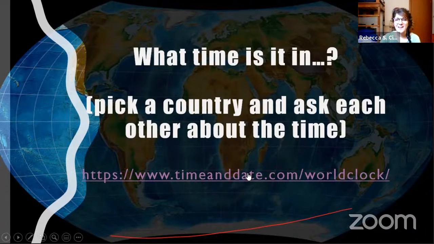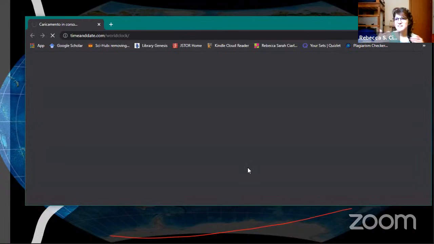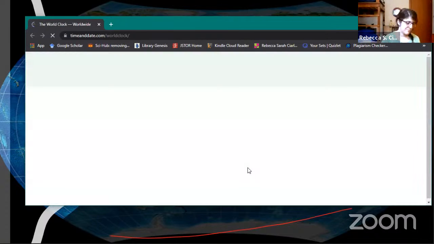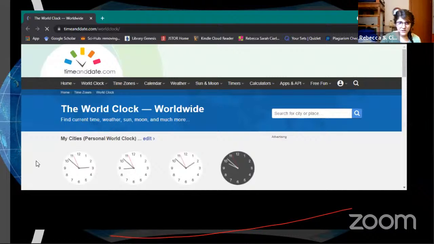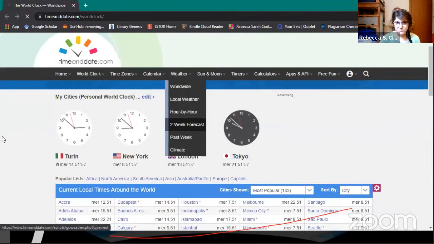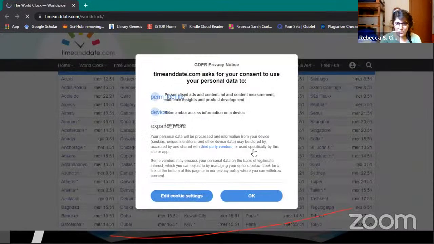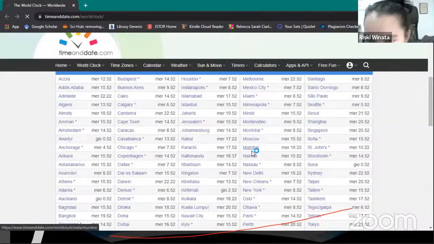So we can just pick a random country and ask each other what time it is. For example, I'll give you an example with Miss Putri maybe. Okay. Miss Putri, what time is it in Mumbai?